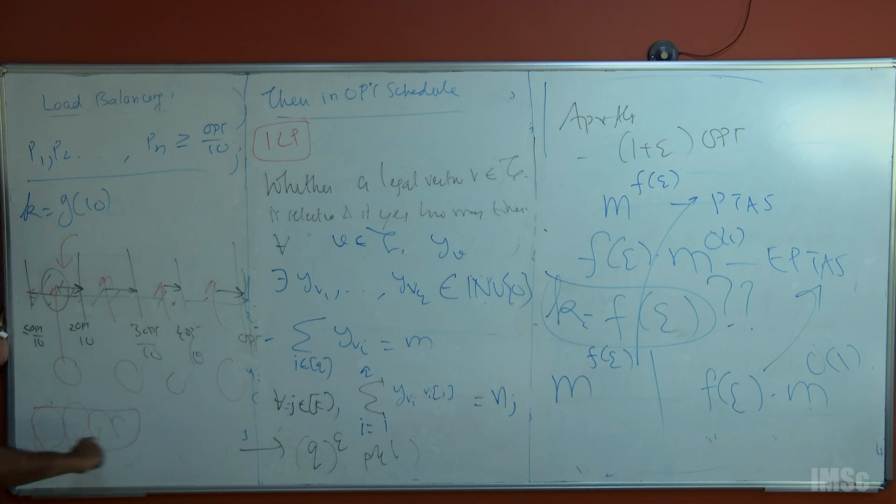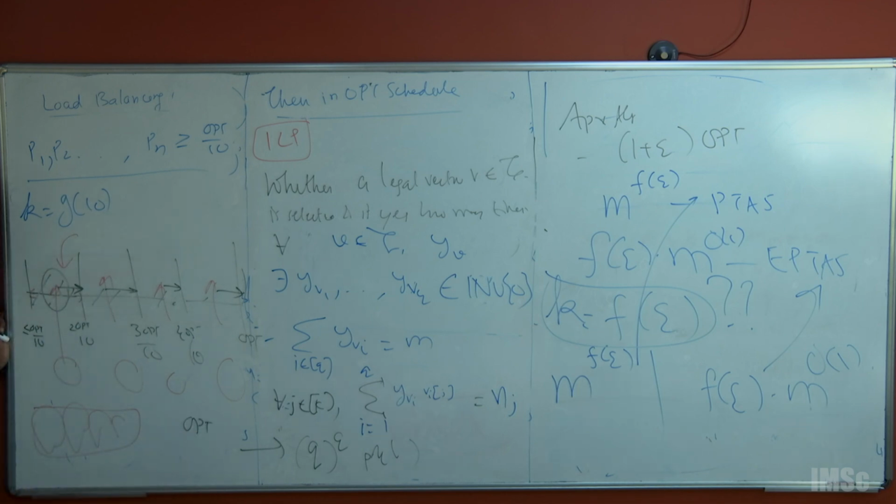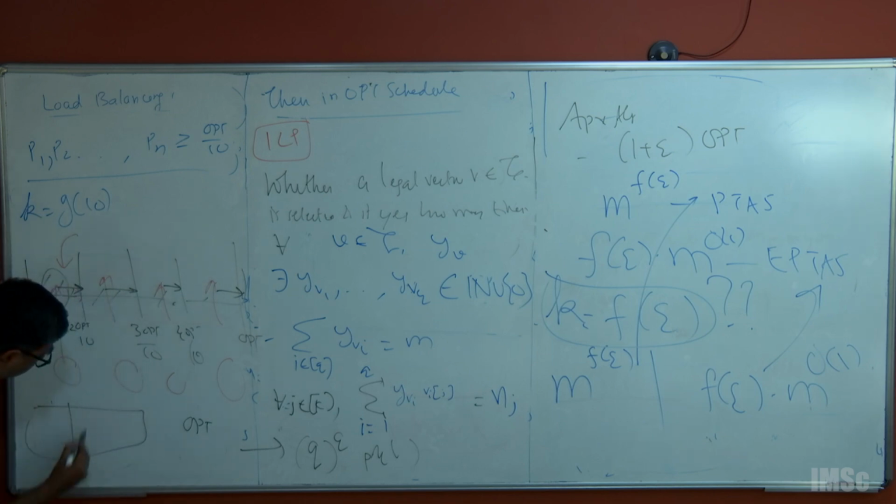Now look at the worst bucket, the bucket which gave us opt. How much will it give us now? How much did you add? Suppose there are 10 of them, and every time you added opt by 10, opt by 10, opt by 10. So this is bad, no? Look at the processing time of the machine which is the largest.